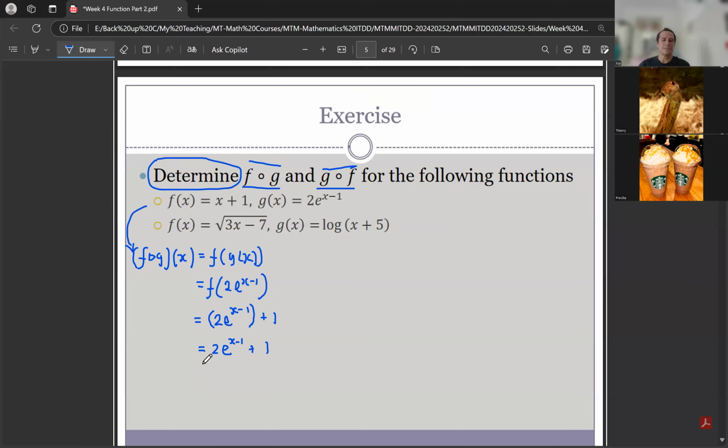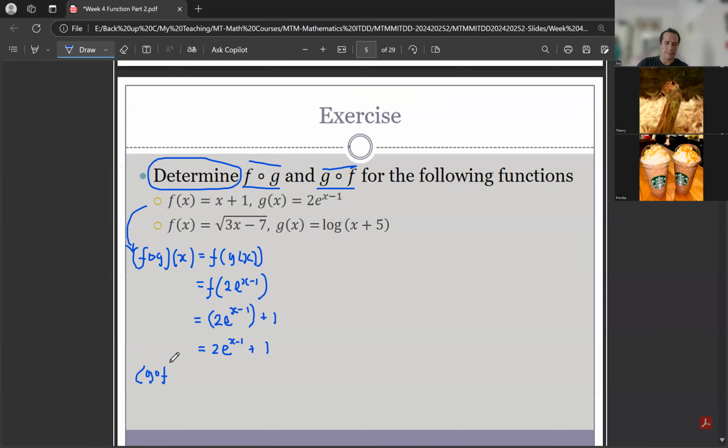Okay, this is the composition FOG. What about GOF? Still in this problem. GOF means first f, followed by g.